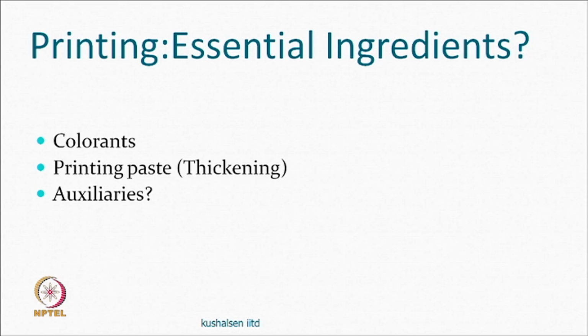So, if you look at the essentials, we have colorants, which, of course, have to be supported by what we call a printing paste to increase the viscosity, because we want to keep everything in the boundary. It is also sometimes known as thickening or thickening agent.